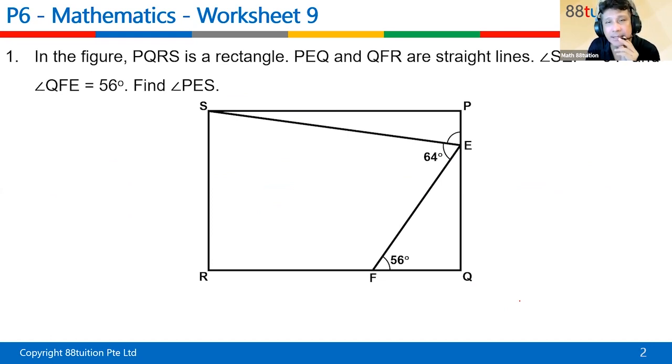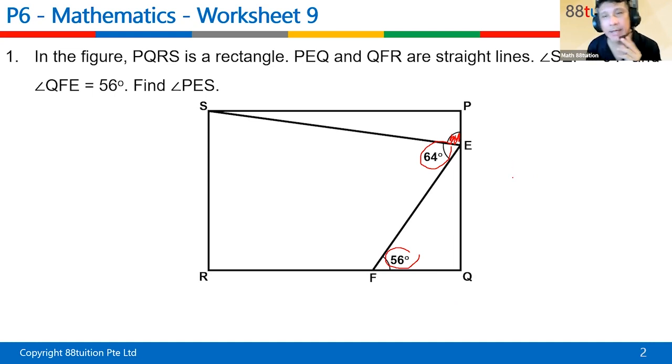PEQ is the side of the rectangle, and QFR is another side of the rectangle, so obviously it has to be a straight line. Then angle SEF is 64. You can see it inside the diagram, 64 is here. And QFE is 56, which is over here. We want to find PES, that means this little angle over here.